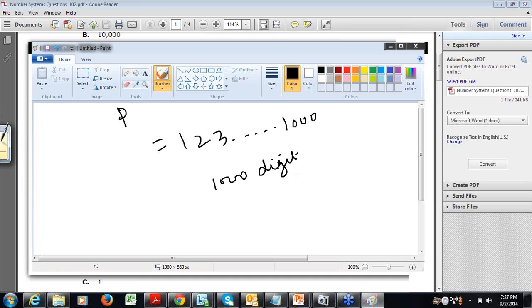So 1000 digits, what will be the number? First you have to find out. So all single digit numbers will be 9 digits. Now you have to find double digit numbers, till 99. So how many digits will it be? 90 into 2, 180.